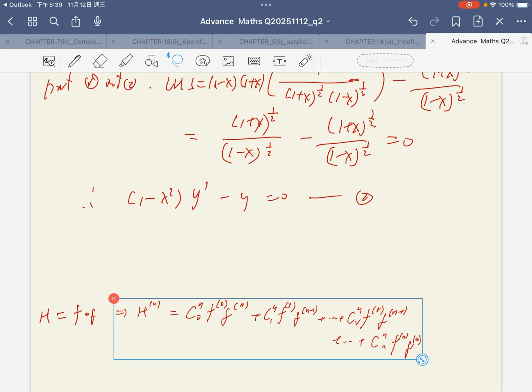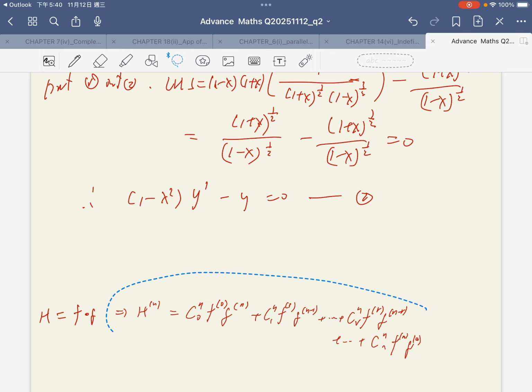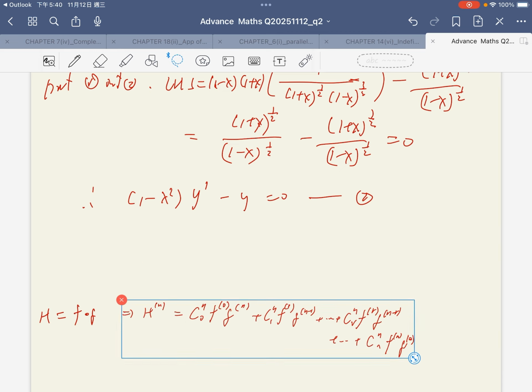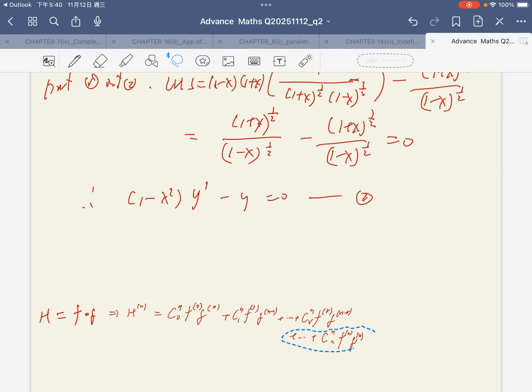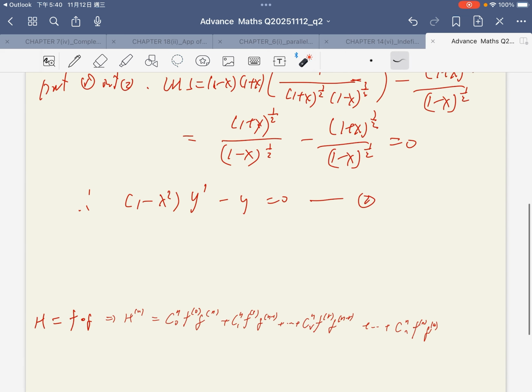I think I have to reduce the size. Okay, then for this one, I apply the Leibniz theorem here. The first one, (1 minus x) to the power 2, then this differentiated n minus 1 more, then we have the nth derivative.